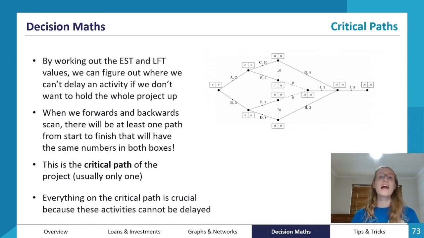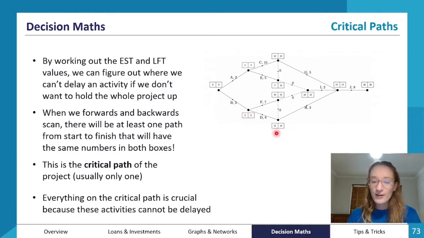And then by doing that, that can actually help us find out the critical path. The critical path is the order or sequence of activities that, if delayed, will delay the entire project. What can we not hold up if we don't want to delay the whole project?